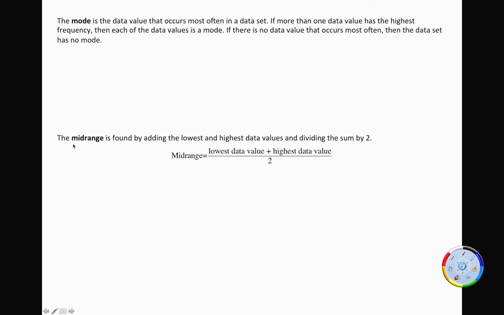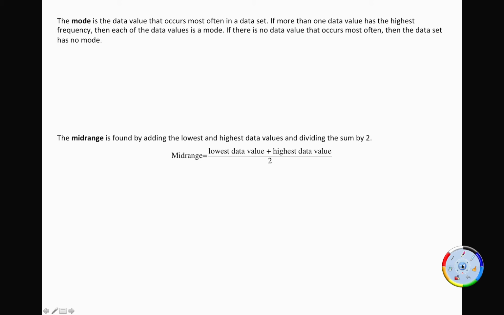The mid-range is found by adding the lowest and highest data values and simply dividing the sum by 2. In other words, it's an average of the lowest and highest. It's sometimes used for just an easy way to get an estimate for the mean. The mid-range, probably the most useless of the three, though.